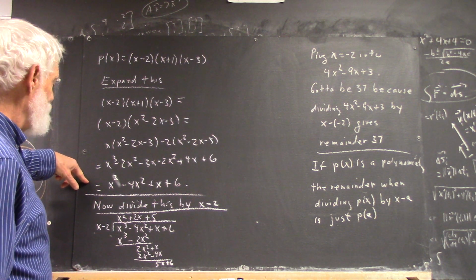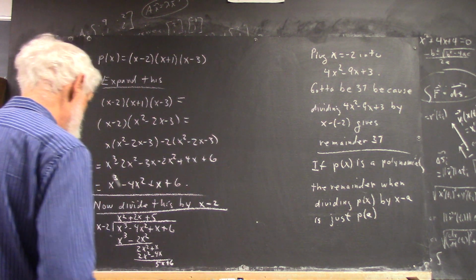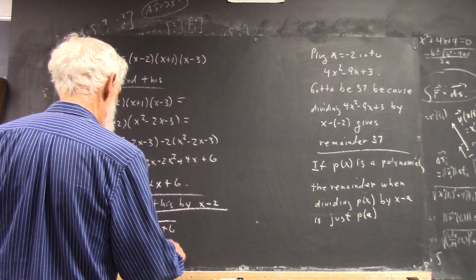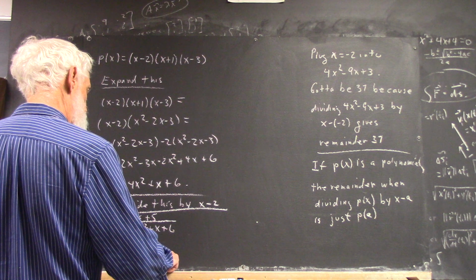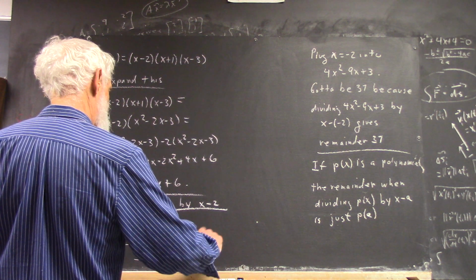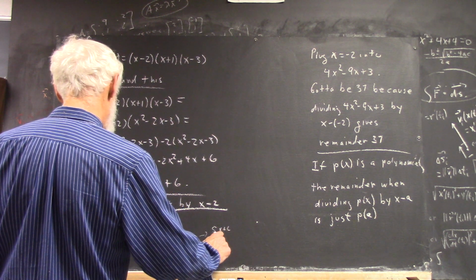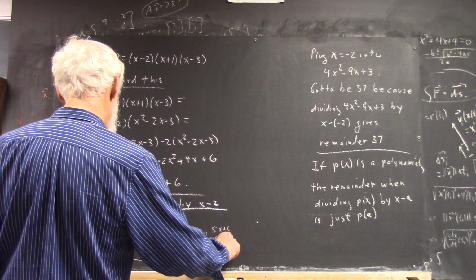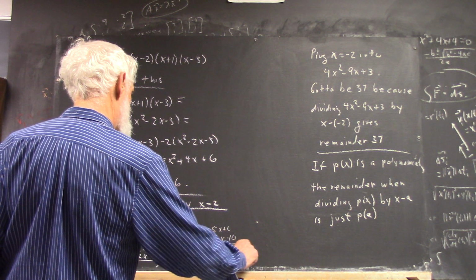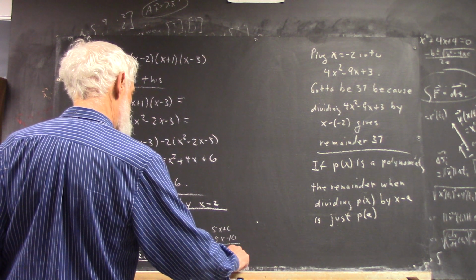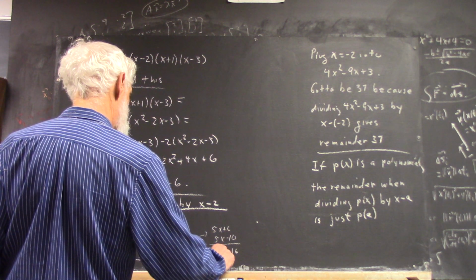Okay? Something's wrong. I'll tell you what's wrong. Okay, we divide the 5x plus 6. We got to have a 5 here. That's going to give us 5x plus 6, and it's going to give us 5x minus 10, which is going to give us a remainder of 16.